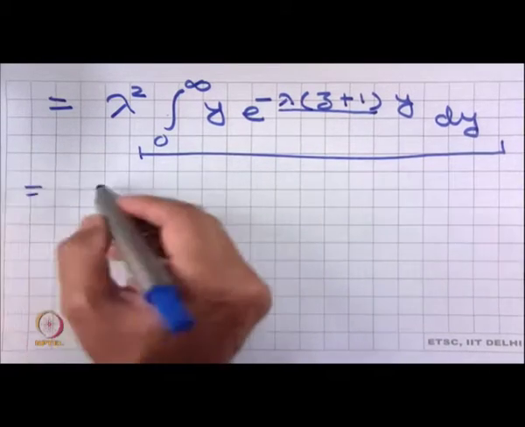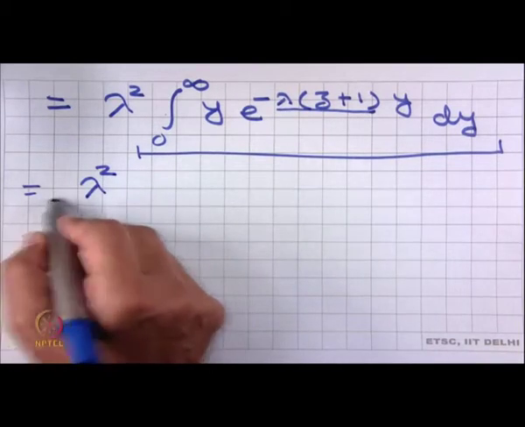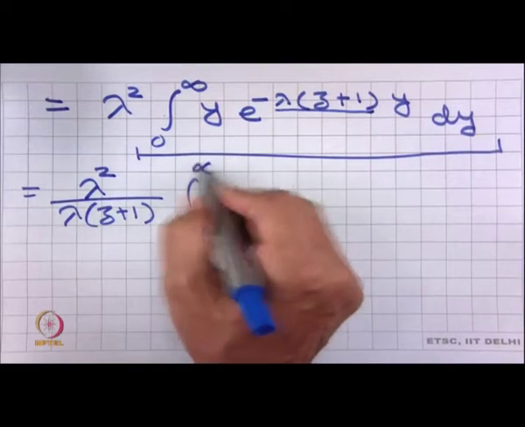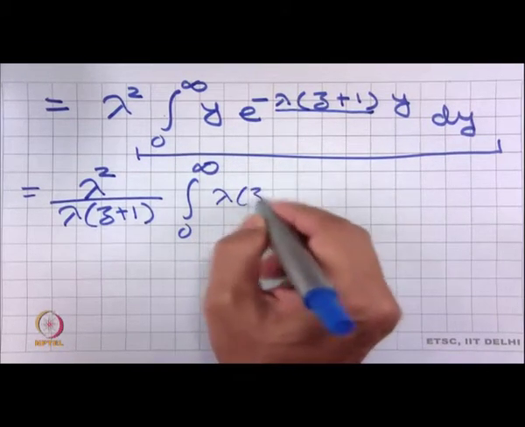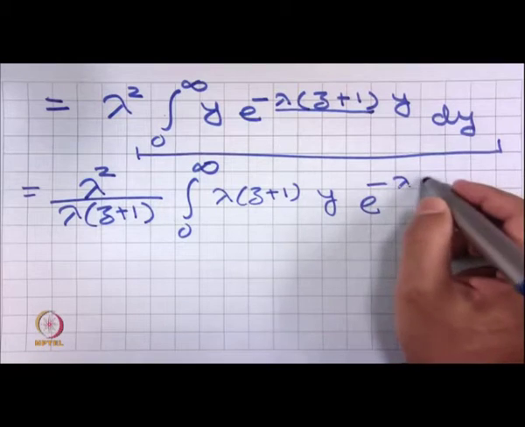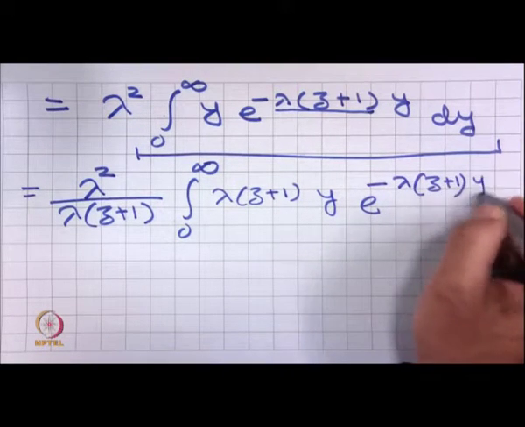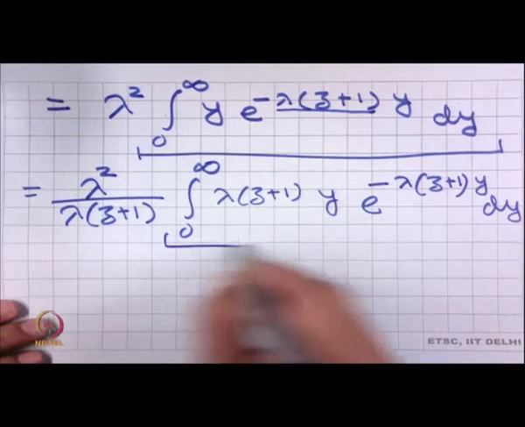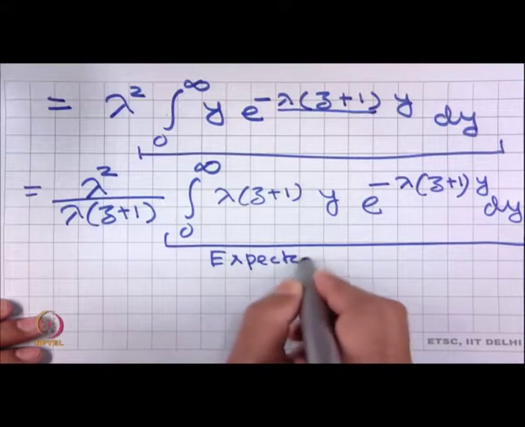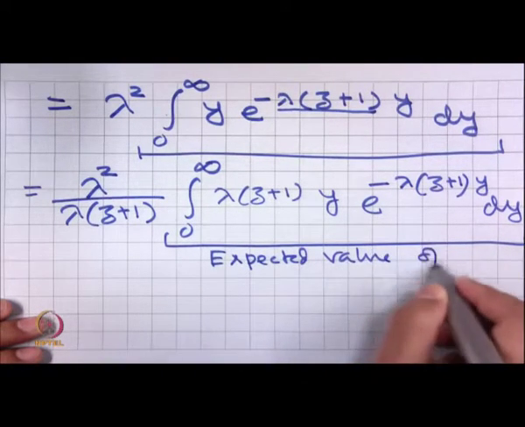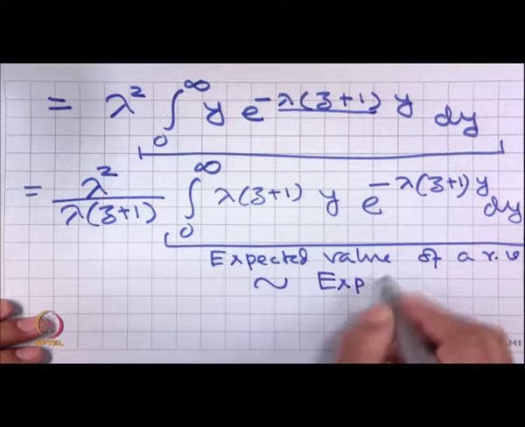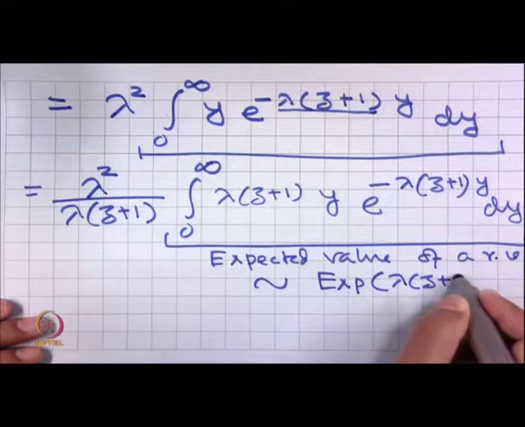Therefore, suppose we write it as lambda square upon lambda (z plus 1) into the integral 0 to infinity of lambda (z plus 1) y e to the power minus lambda (z plus 1) y dy, then basically this is the expected value of a random variable which is distributed as exponential with lambda (z plus 1).